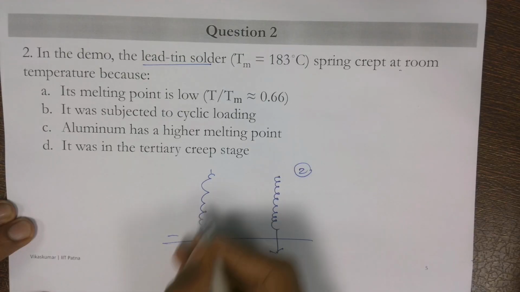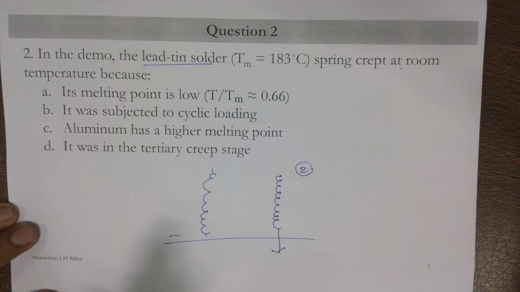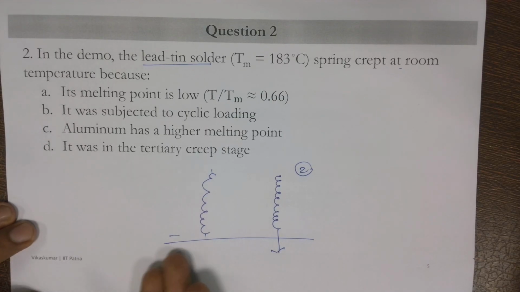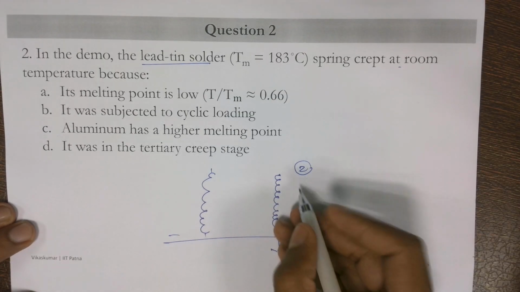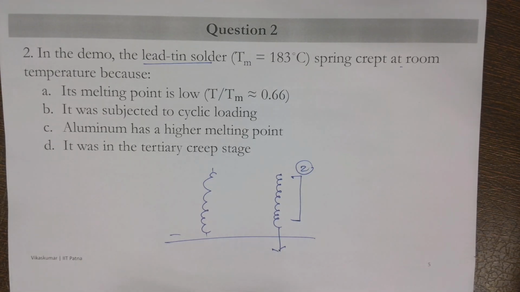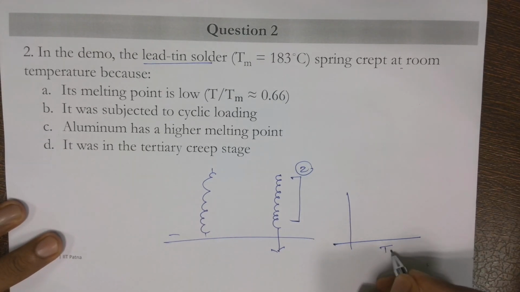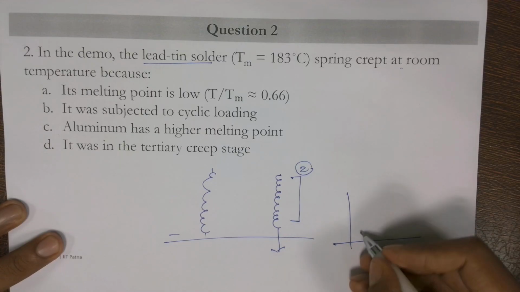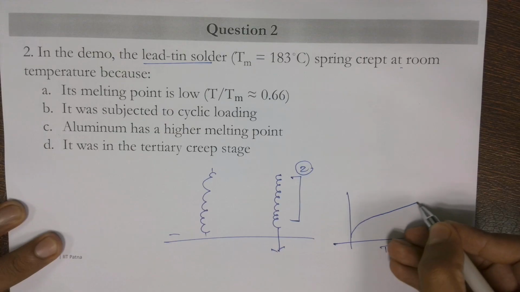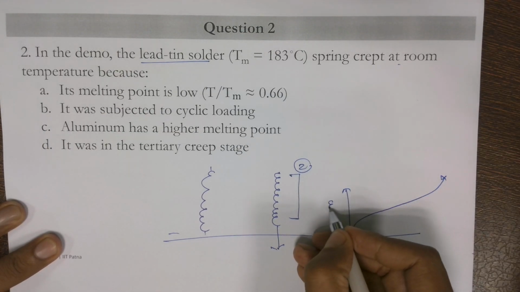It was the professor who stretched it further and made it undergo plastic deformation. But this particular spring 2 doesn't need any additional stress to deform. So with respect to time, the second spring kept on deforming. Here is a strain.